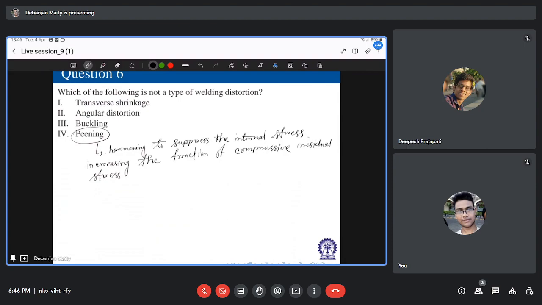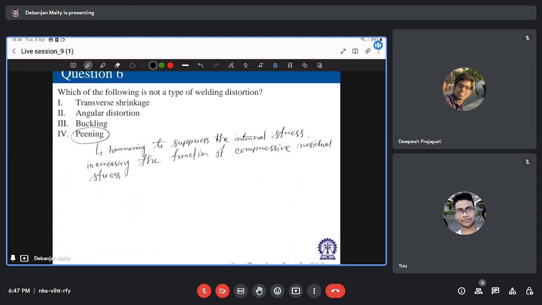So if you think of it in this way, the effects of distortion as the result of welding are much more obvious than the effect of residual stress. Means you can see it clearly in your weld structure after your thermal cycle, right? This is because of the result of some unbalanced thermally induced stress in unrestrained weldments, right?